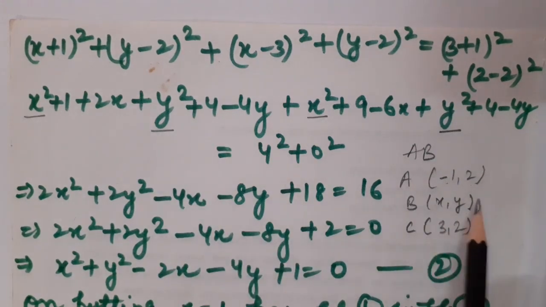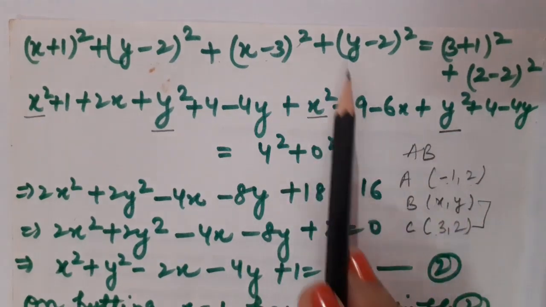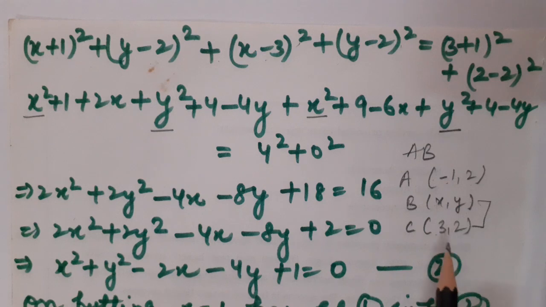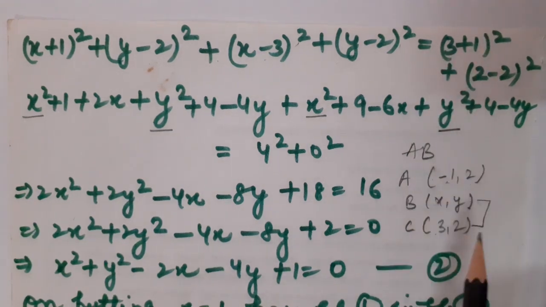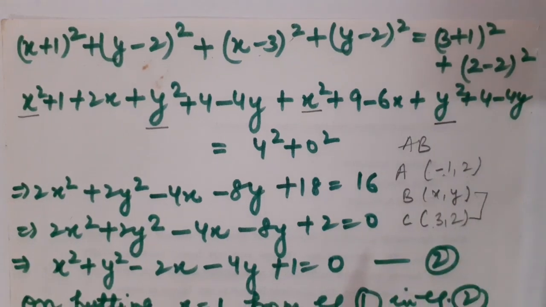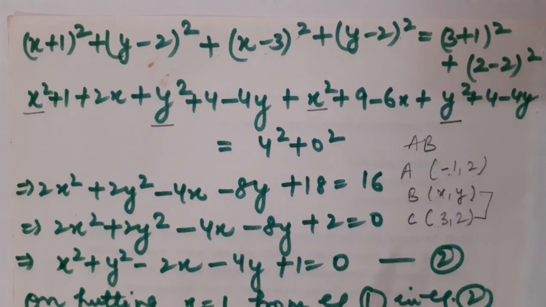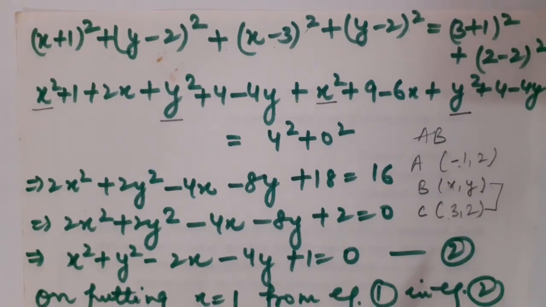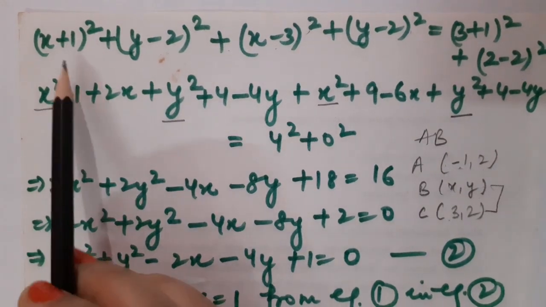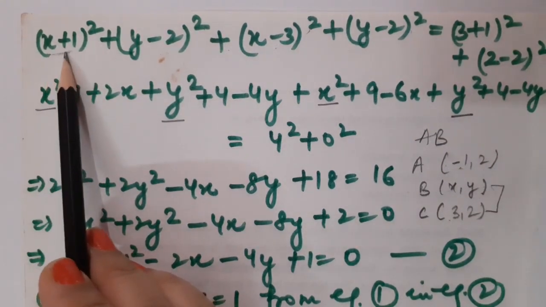Now I have to apply on BC. It would be (x minus 3) whole square plus (y minus 2) whole square, that is equal to. Now apply on AC. That is (3 plus 1) whole square plus (2 minus 2) whole square. Correct, students? Now I am not supposed to write the under root. Why? Because I have calculated the values of AB square, BC square and AC square. Correct? Now apply (a plus b) whole square here.